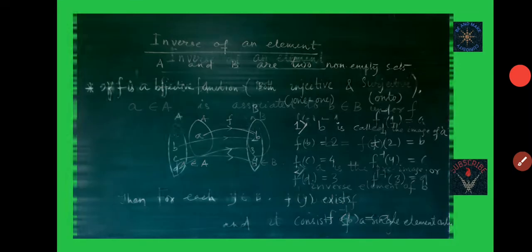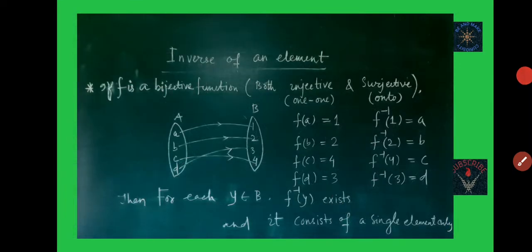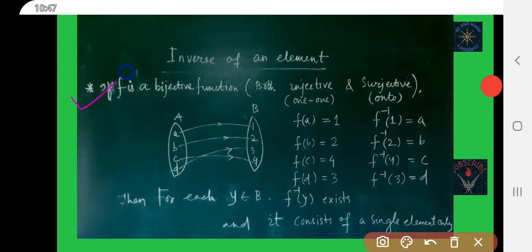Next, inverse of an element for a bijective function. Here you see F is a bijective function, that is both injective and surjective.